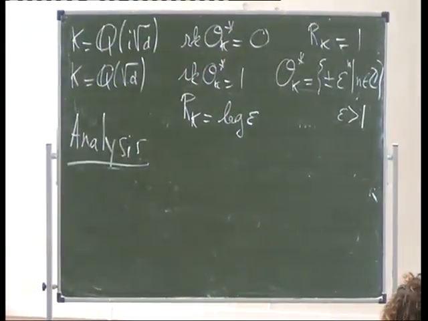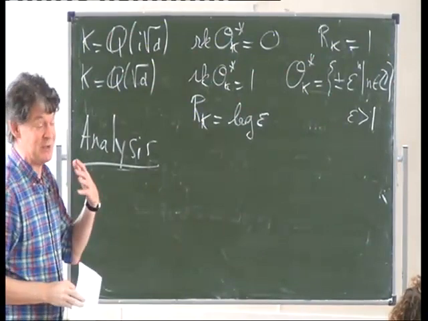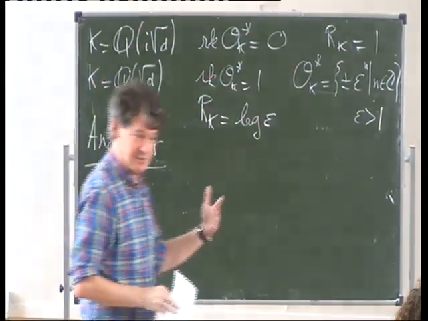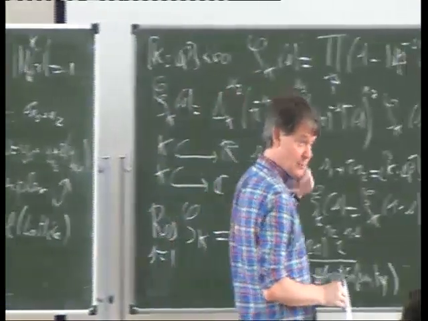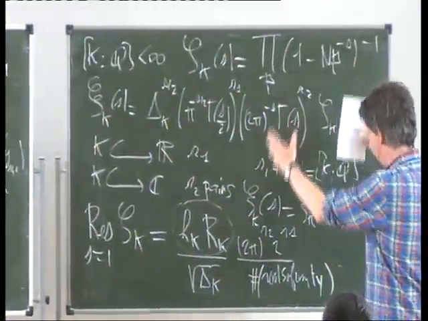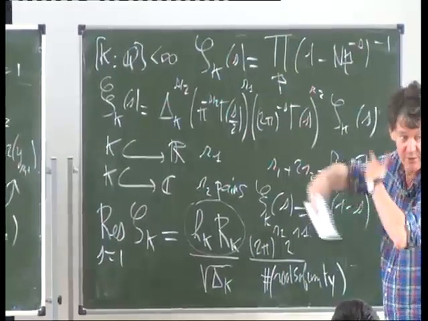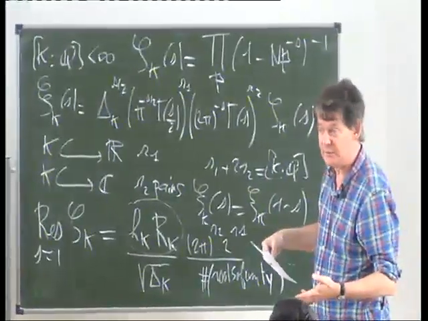What does analysis tell us? When I mean analysis, I mean complex analysis. If you study the Dedekind zeta function from an analytic point of view, we have bounds, we have functional equations, so we can bound it from below.